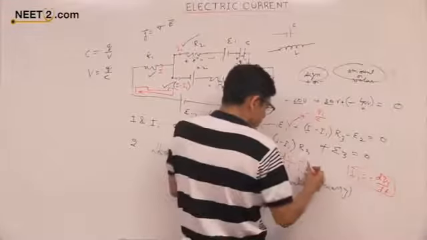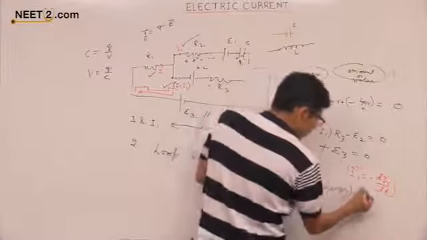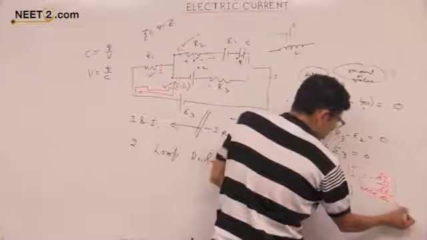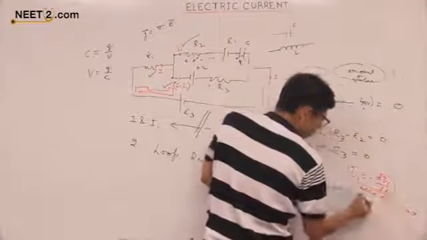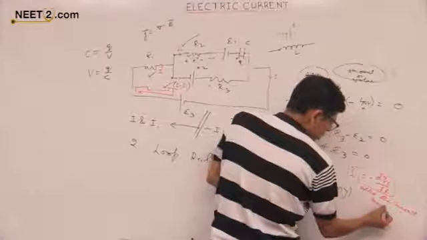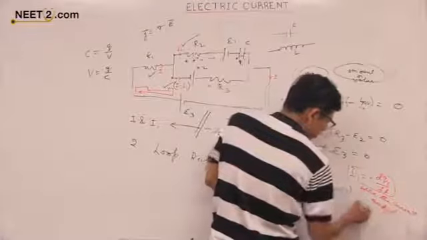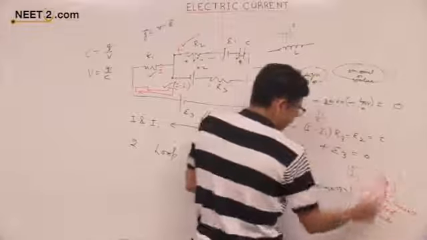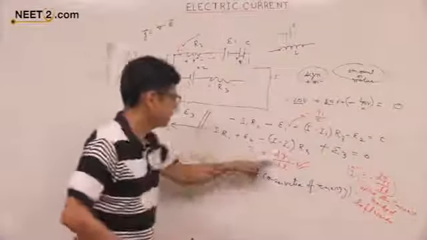But presently I have to write this. Were the current in the upper wire marked leftwards, then I would write that. Okay, so presently this is fine.